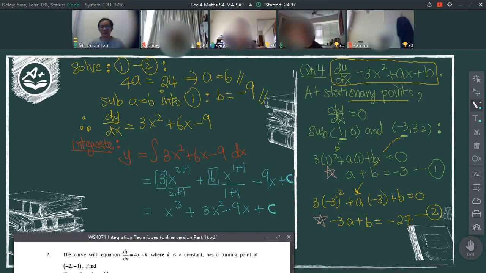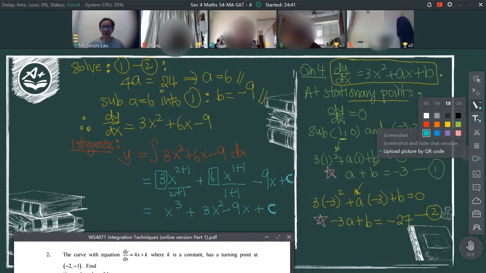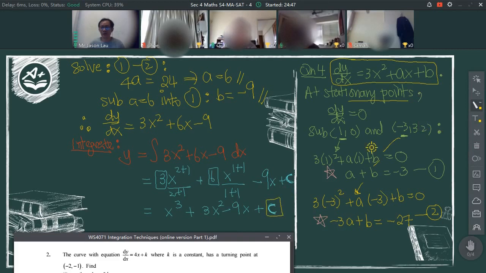You get this equation. There's still a last thing to do, which is to find your c. But finding c is quite simple, because you can just use one of the points to find it. For example, from here, (1, 0), I can see my c already immediately.